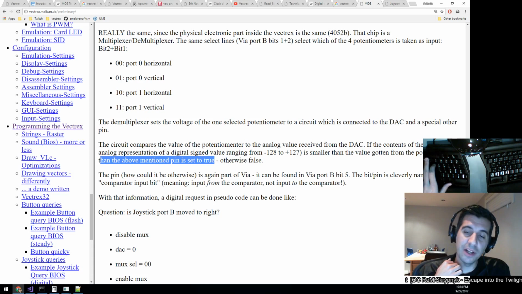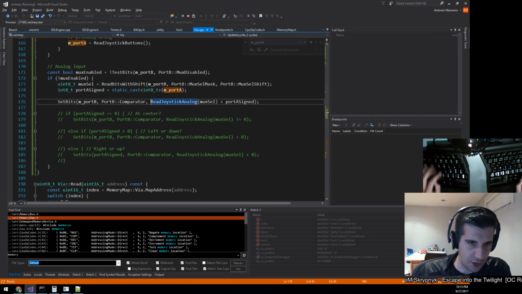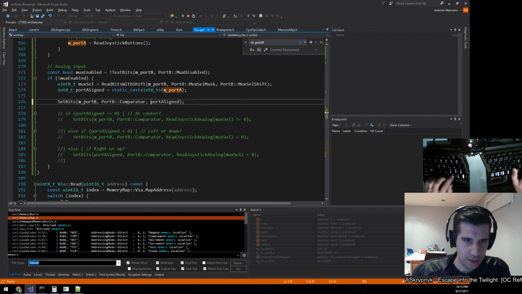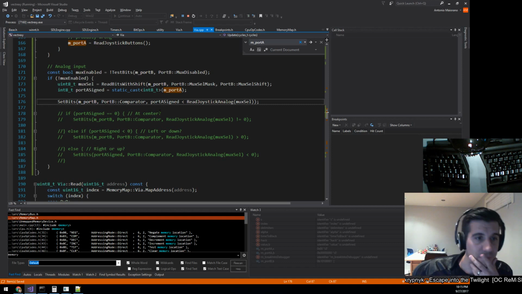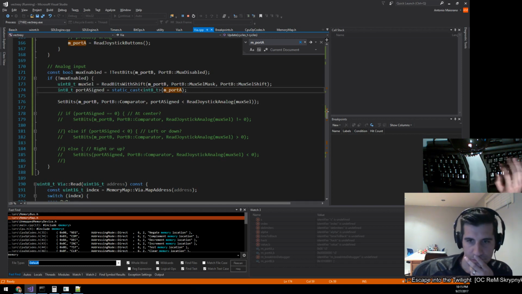No, sorry, we compare the contents of the DAC to the sign. And if the DAC value is smaller than the one gotten from the joystick, the analog, then the above mentioned pin is set to true. So this is actually the opposite way. It's if port A sign is less than this. Curious if that works.